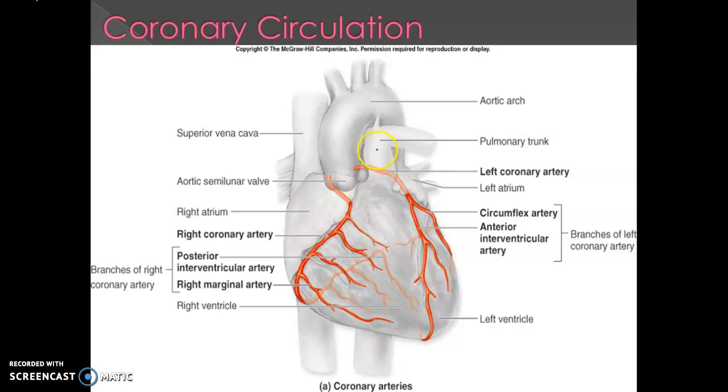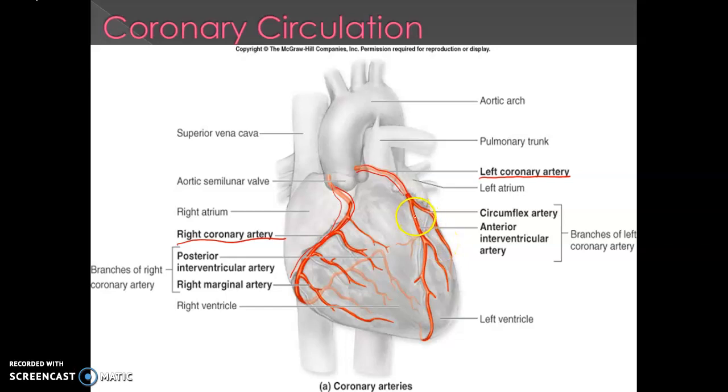So here we have the... Right here, this is the left coronary artery, and along here, this one is the right coronary artery. The left coronary artery divides into two branches, right?